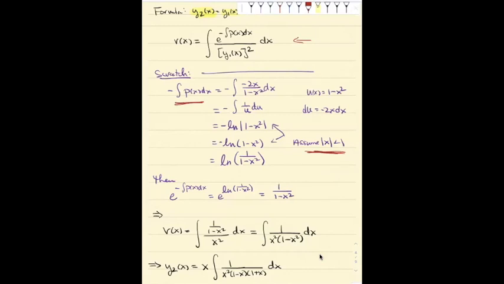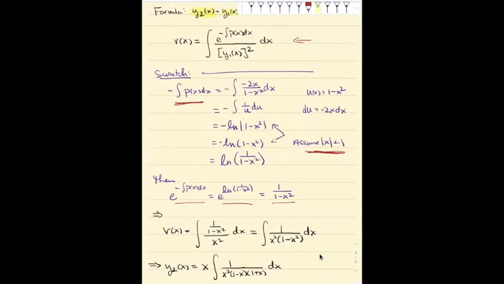Now, once I have done my u substitution and made that assumption, I can go back and say e to the minus the integral of p of x will be e to the natural log of something, which equals that something again.